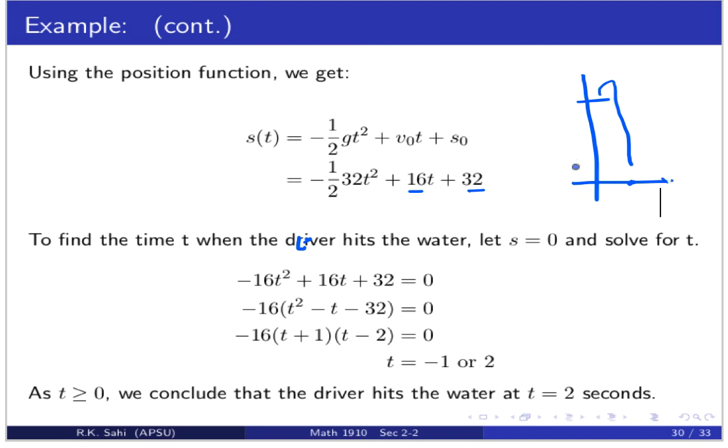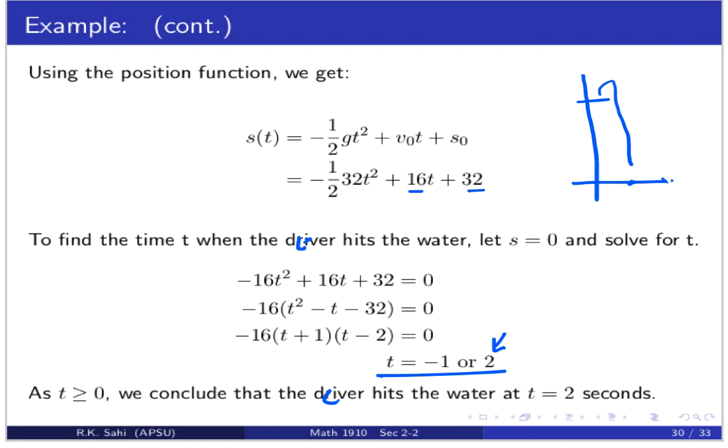That means there is no more height, the distance has been covered, in other words. So it's negative 16 t squared plus 16t plus 32 equals 0. You solve it, you can see the math here. We get t is minus 1 or 2. Now remember, t cannot be negative, t is time, it's an application. So we conclude that the diver hits the water at t equals 2 seconds.